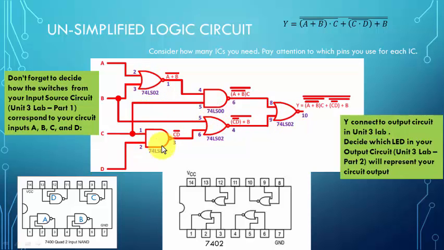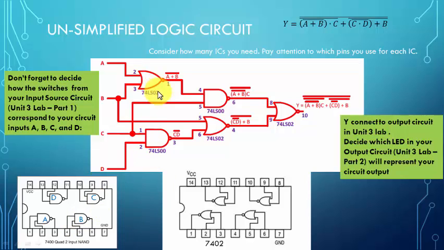And so based on that, seems like we need 3 NOR gates and 2 NAND gates. And since in each IC you have 4 gates, you can actually pick up whatever gates you like to use. So here for NAND gates we used this one and this one.